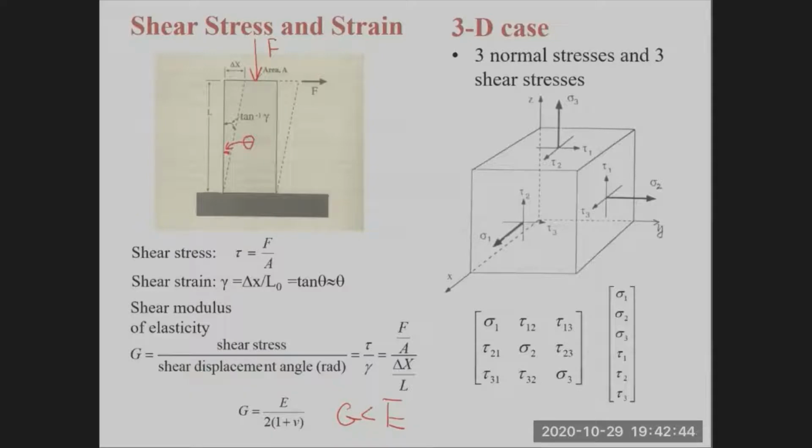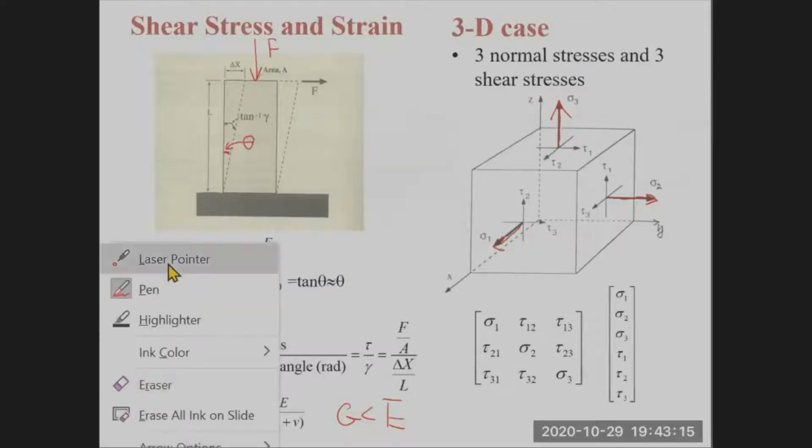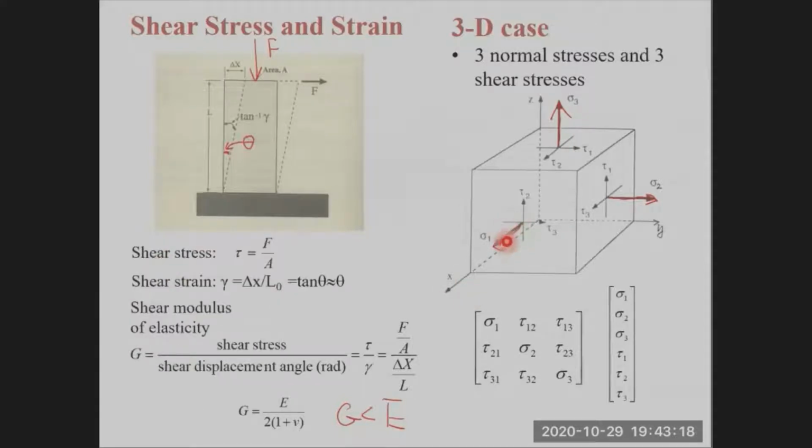Okay, next let's take a look at a 3D case. In this 3D case, there are 3 normal stresses and 3 shear stresses. The 3 normal stresses are sigma 1, sigma 2, and sigma 3, along the x, y, z directions.